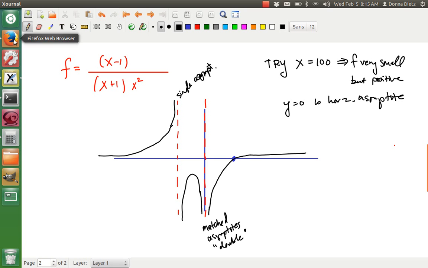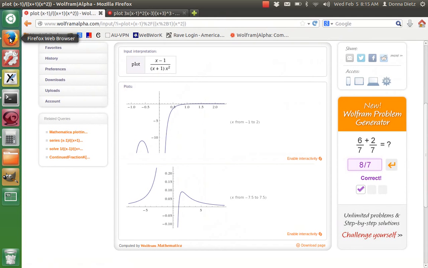Let's see if this is the same thing Wolfram Alpha said. See right here, I was wrong, but it's totally fine. I missed the fact that there's a max right here. I just dove straight through. So I missed an important part of the structure on this size scale.